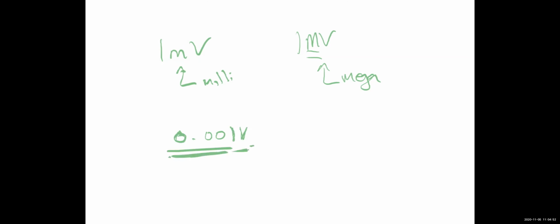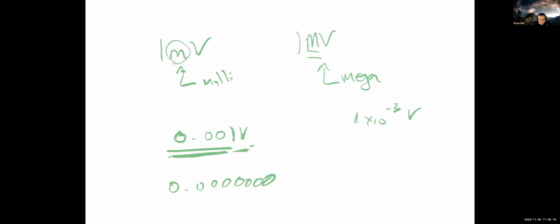And milli is not so bad, but what happens when we start writing nanovolts? We have a whole bunch of zeros before all of the answers, right? Same thing with scientific notation, right? Physicists like 1 times 10 to the minus 3 volts, right? We have a whole lexicon of units that as engineers we use, and so we try to get things into these formats.